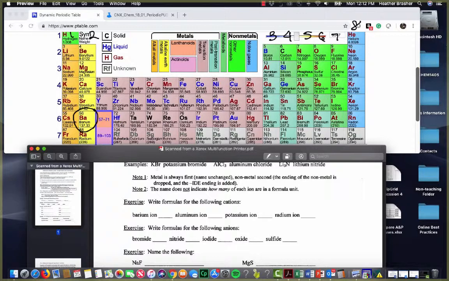Because we want it to be stable, it's going to give those away. So we're going to get this barium that's going to be 2+, because we have the 2 valence electrons on here, and we want it to be stable. So it's going to get rid of those 2 to end up being the stable xenon in terms of electron configuration. So that's what we have there.